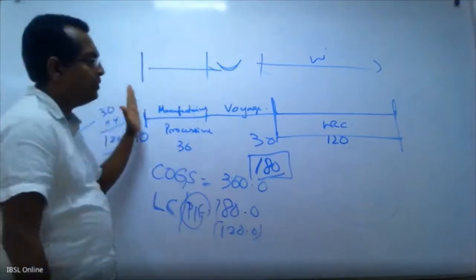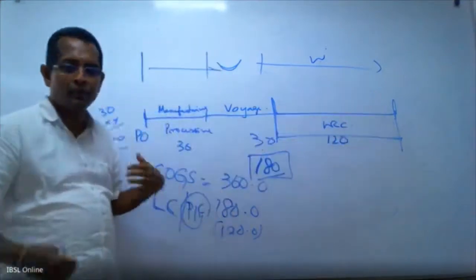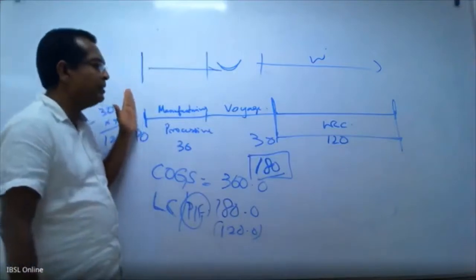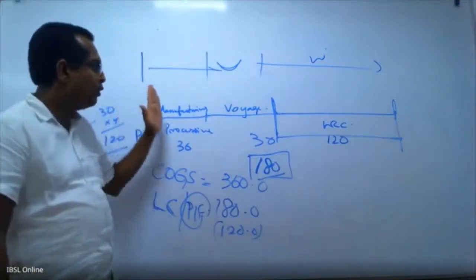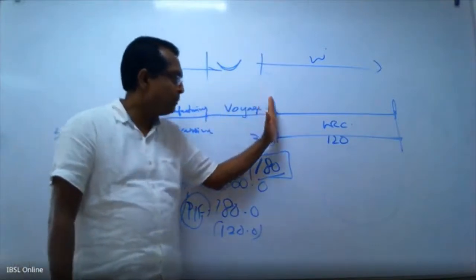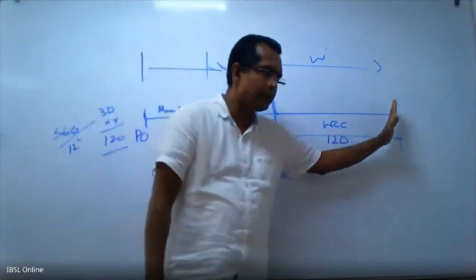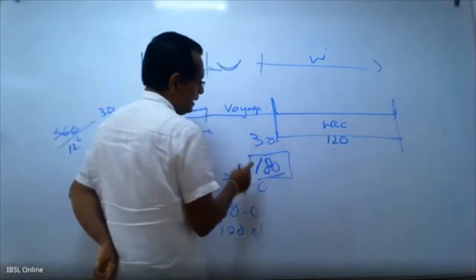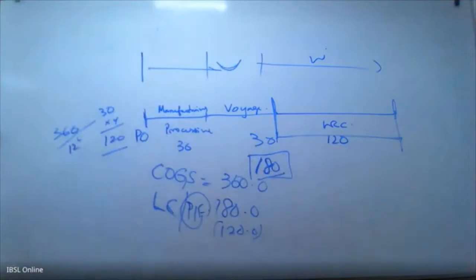So when you are working on the LC lines for a customer, you have to consider, from the time of placing the order, how long it will take to process the order, then shipping time, then the working capital cycle. So 30, 30, 120, it is 180 days.